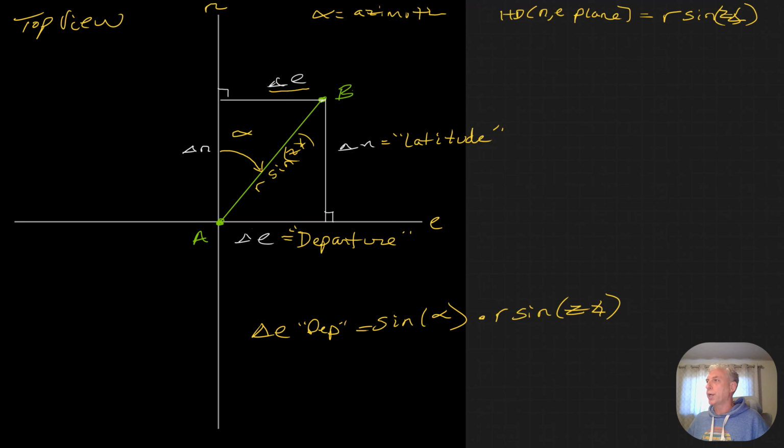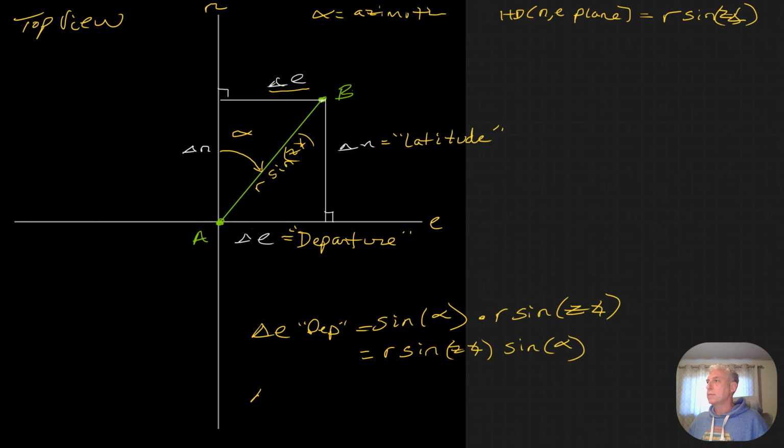Just some baby trig here. And so if I rearrange that, then I have the departure equals r sine zenith angle sine azimuth.